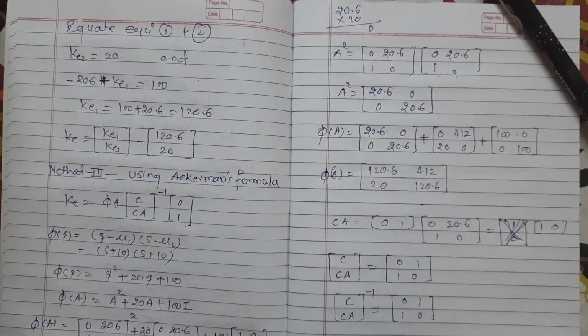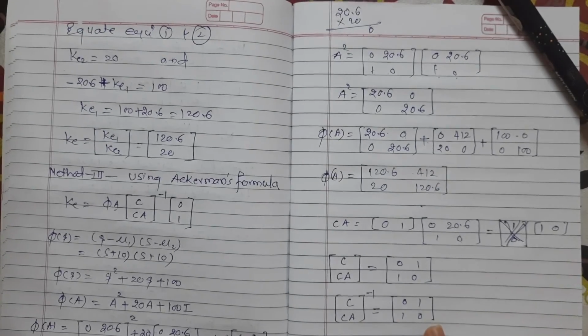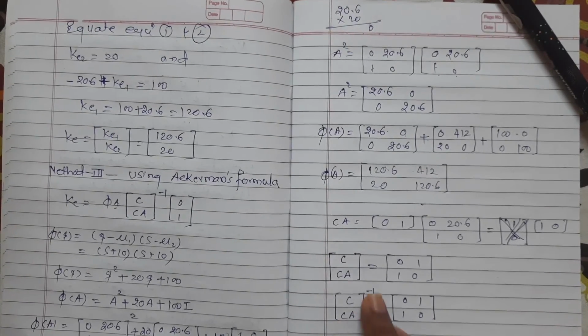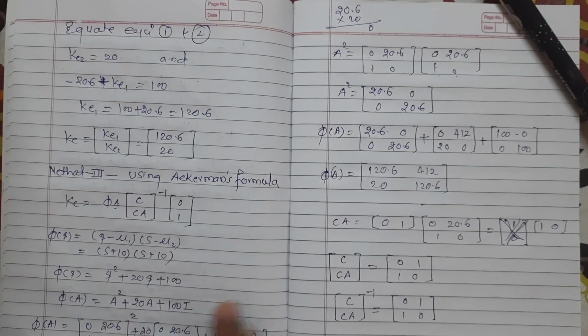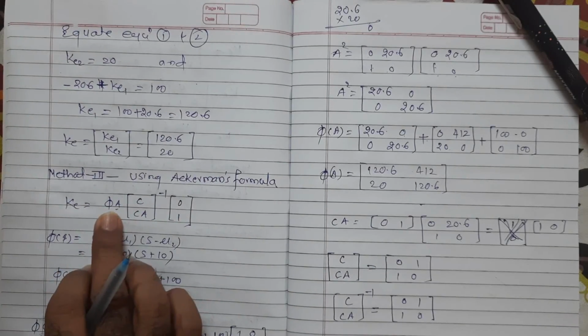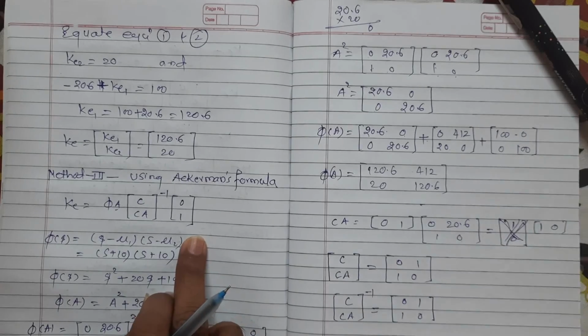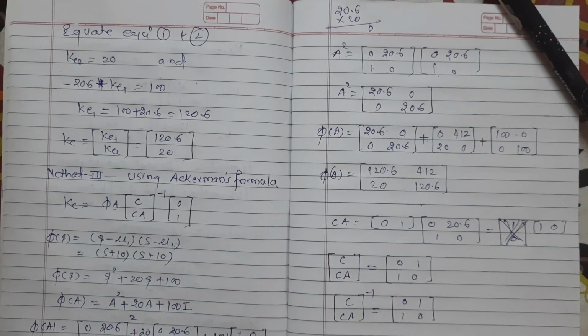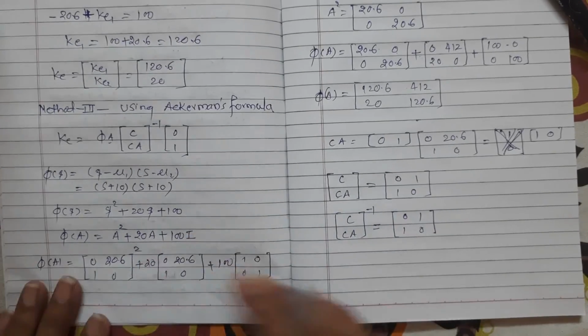So if you calculate C and CA inverse, it remains the same. So this is my C and CA inverse. Now where is my matrix? Phi that we have calculated, C and CA inverse we have calculated, multiplied by [0, 1]. Now we will put the values in Ackermann's formula.